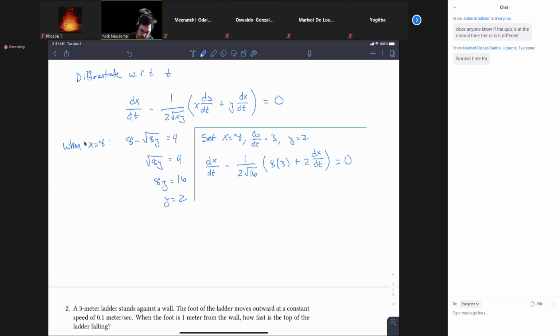So once the dust clears, and again, I'm not going to write down all of the details, if you're interested, you're more than welcome to convince yourselves that this is true on your own. So when all this happens, we get 3/4 dx dt is equal to 3. So that's going to tell us that dx dt should be equal to 4.